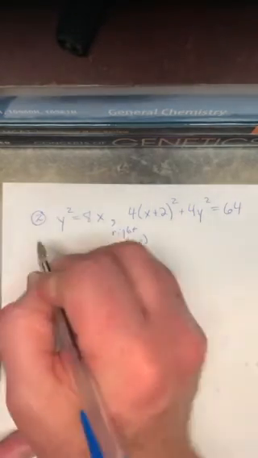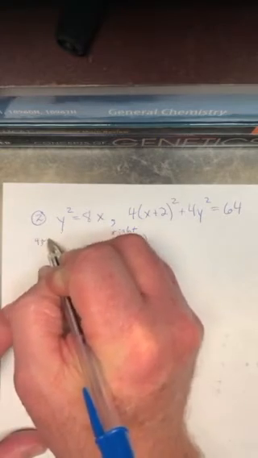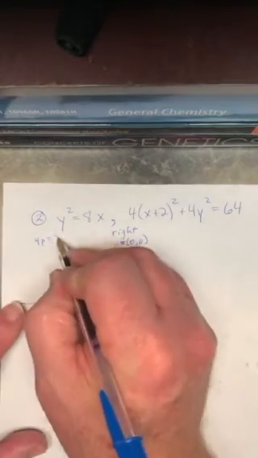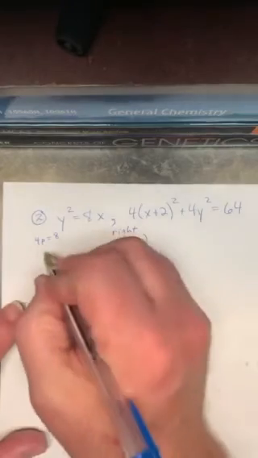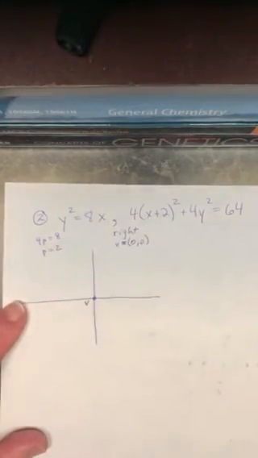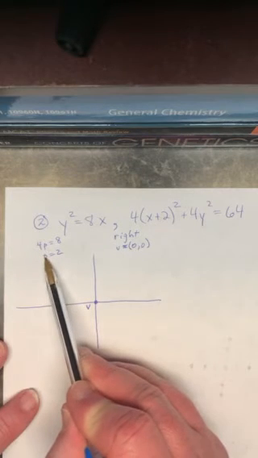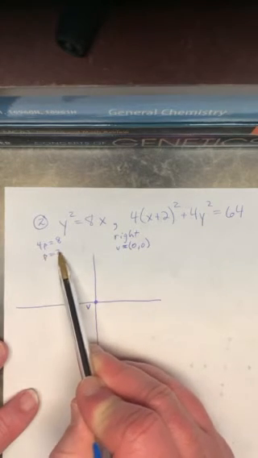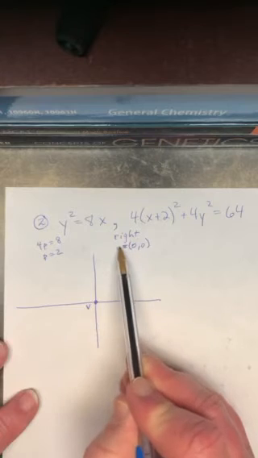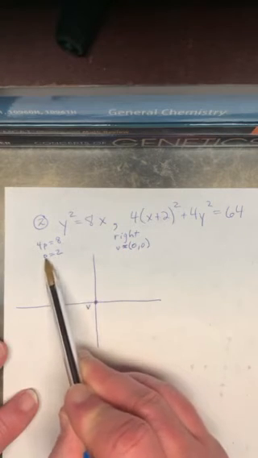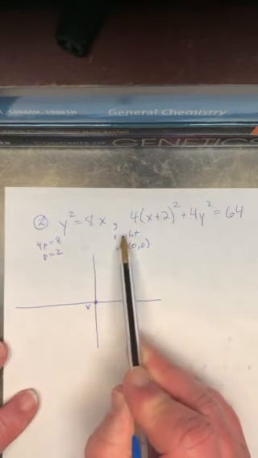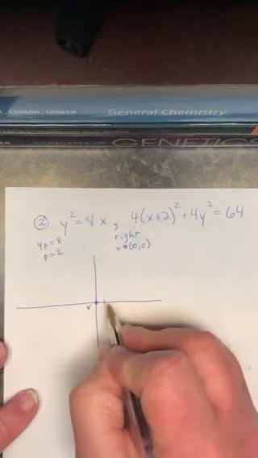Remember, we always took the formula for 4p and set it equal to that number. So dividing by 4, p would be 2. So follow the bouncing pen. There's an important point that's 2 units to the right of the vertex. So I go right 2.